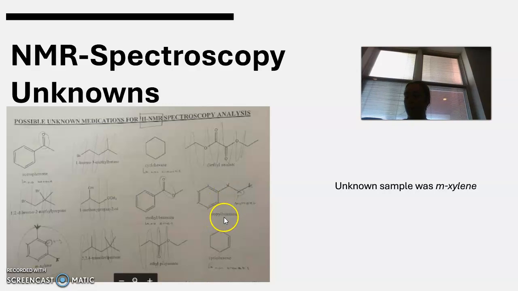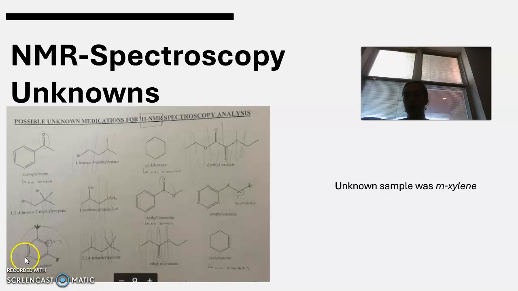Next, I said it was not propylbenzene because here I labeled this 2H would have come up as a multiplet because there's a 3H and another 2H, and we did not see a multiplet on our spectra. And then finally, that brings us to m-xylene.